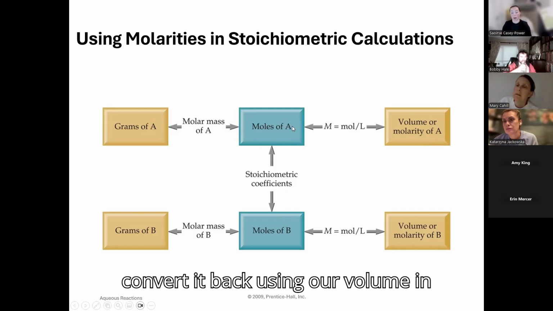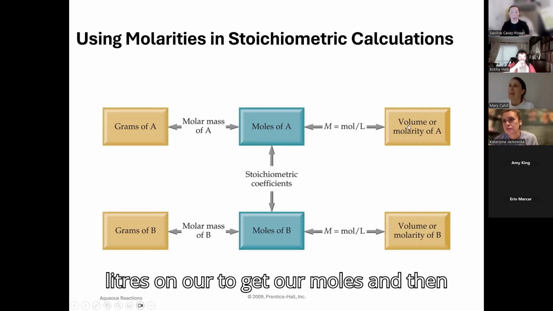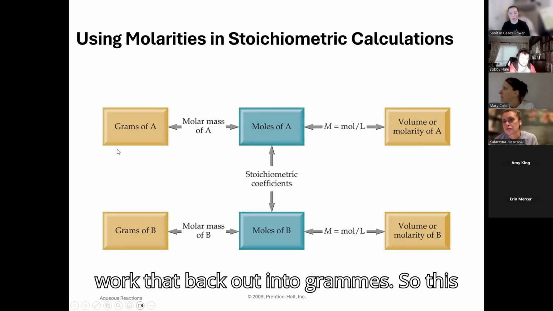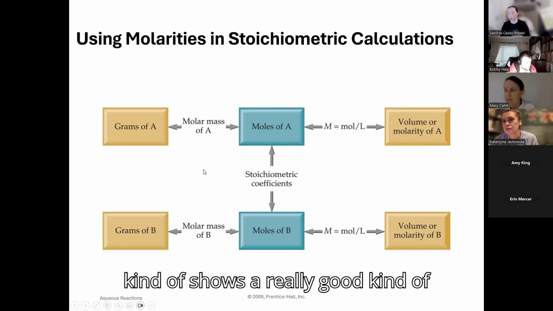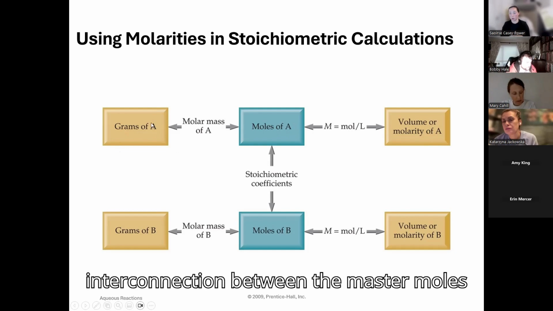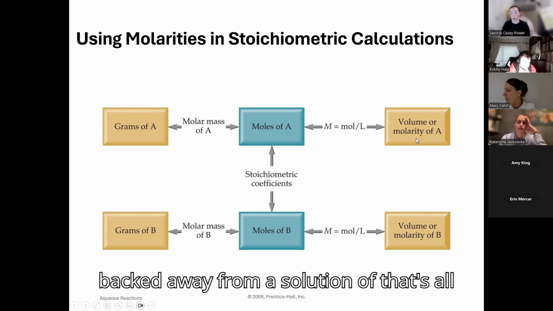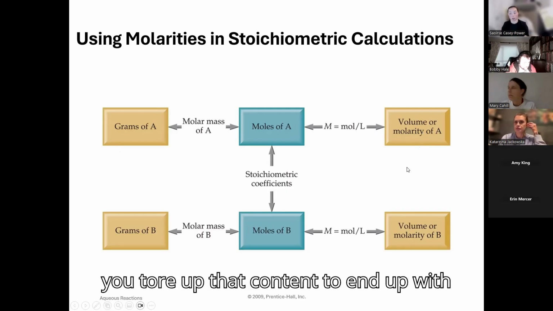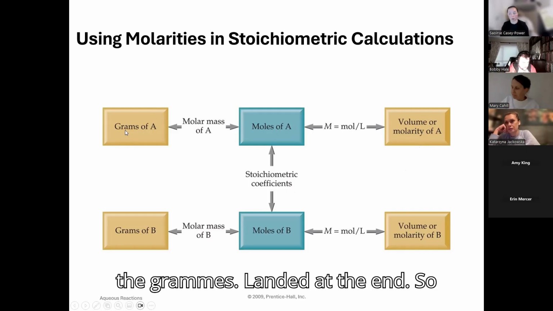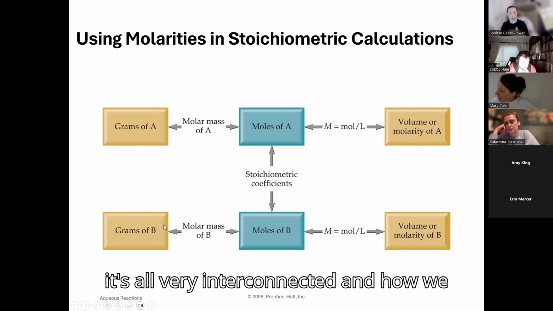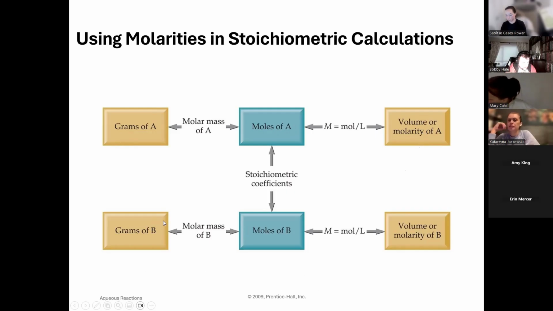We could convert it using our volume in liters to get our moles, and then work that back out into grams. So this shows a really good interconnection between the mass to moles conversion, or we could work back the other way from a solution of that solute or compound to end up with the grams amount at the end. So it's all very interconnected, how we work back the other way.